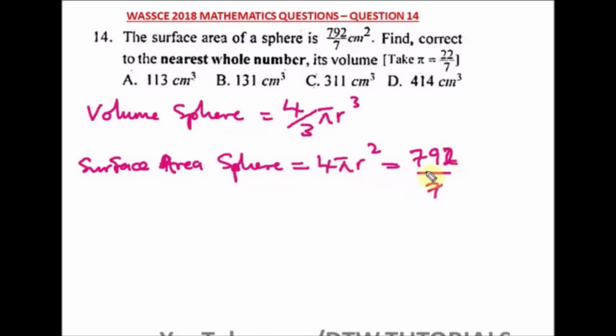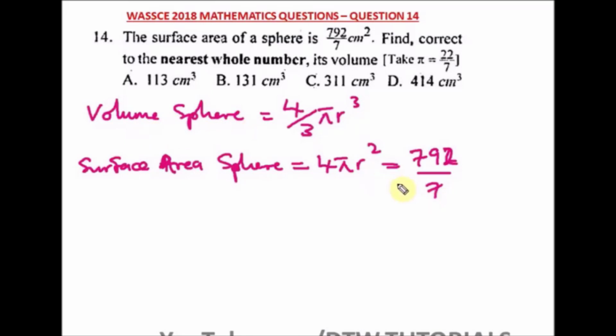So from here we can get r when we equate 4 pi r square to 792 over 7. Then we substitute the value of r into the volume formula to get the volume of the sphere.